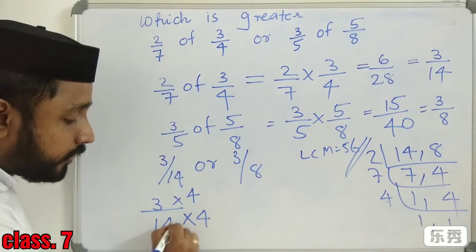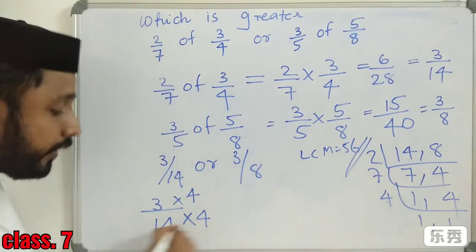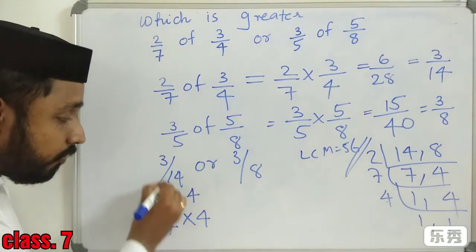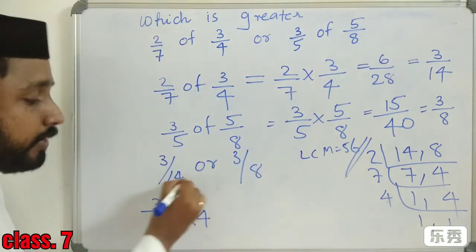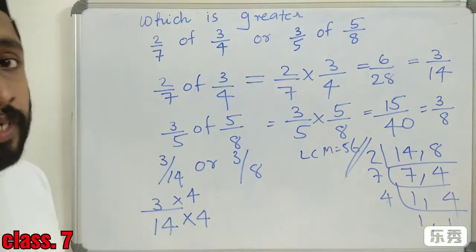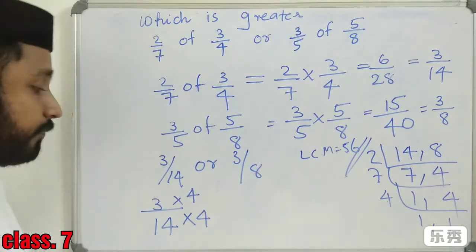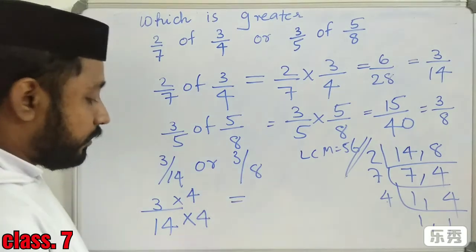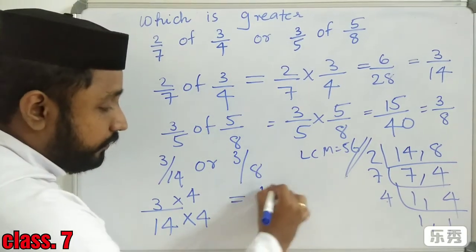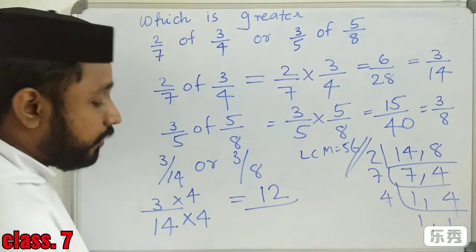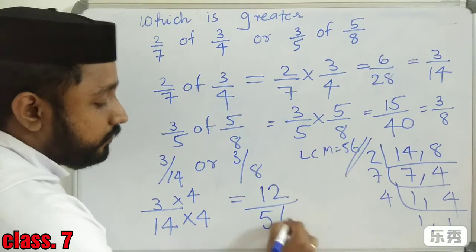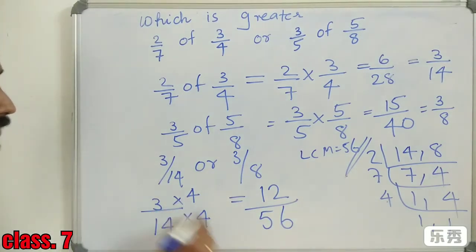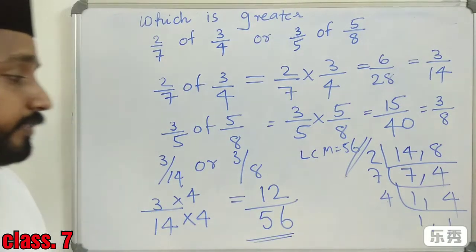Then we will get 14 into 4, 56, and 3 into 4, 12. So 3 by 14 changes into 12 by 56.